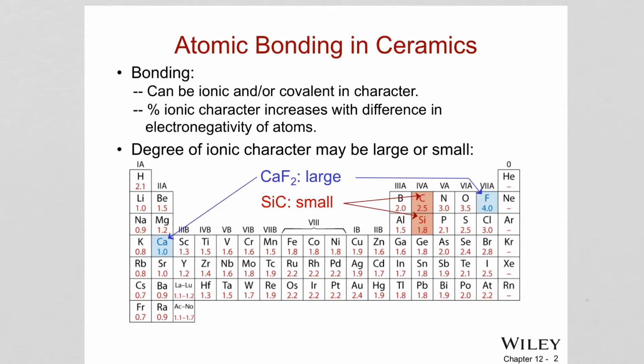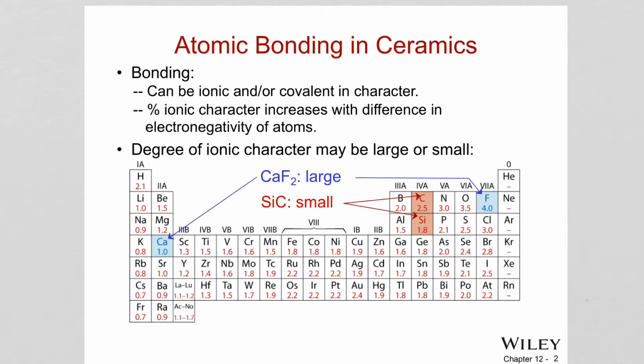So as you can see in the periodic table, which shows us the electronegativity of different atoms, some ceramic materials can have a larger degree of ionic character.